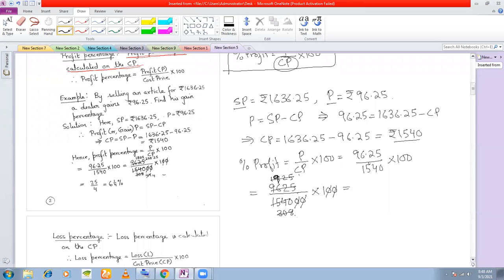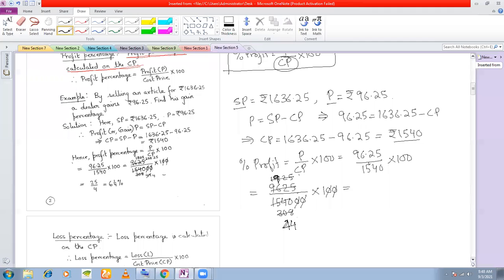Yes, 308 will cancel with 7: 7 times 4 is 28, and 280 and 28 cancel with 7. Yes, this will cancel then. 7 by 4, and this is also 4.